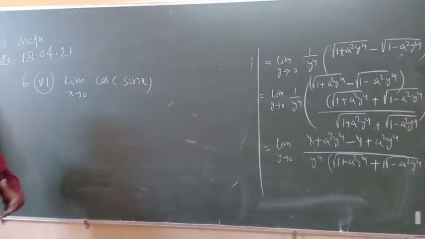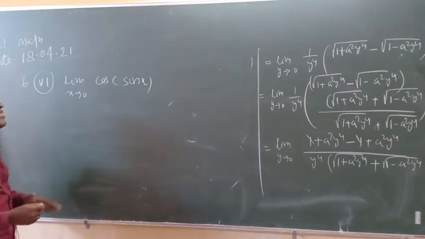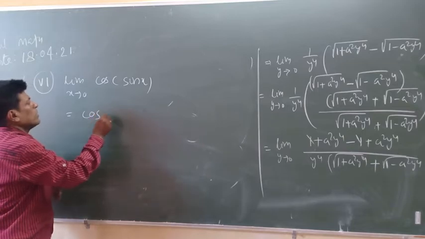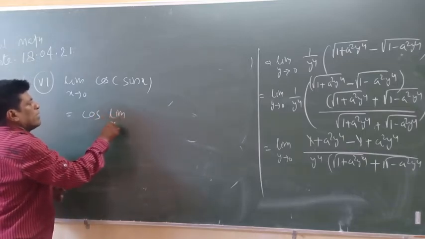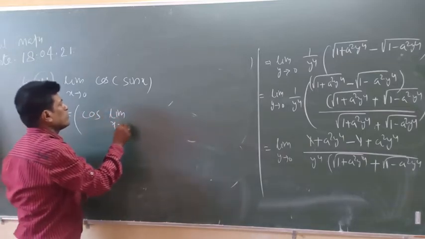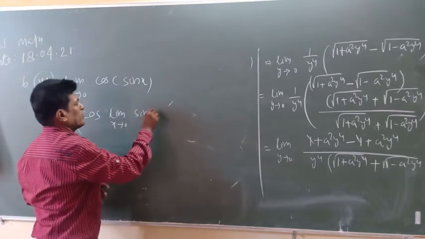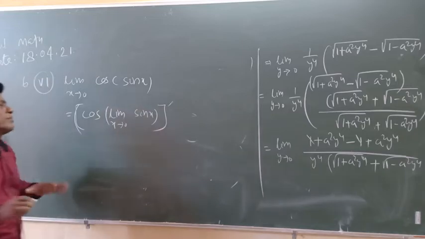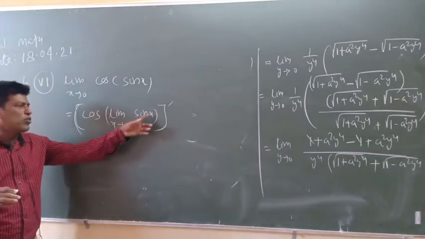Look, the only variable is sin x here. Cos is a function of functions, so taking cos outside: limit x tends to 0 of sin x. Put the value of x as 0.